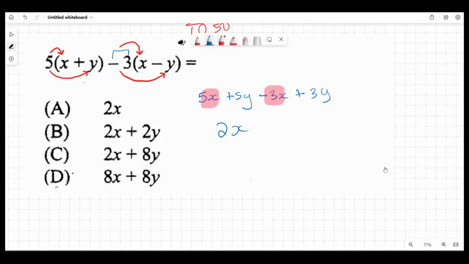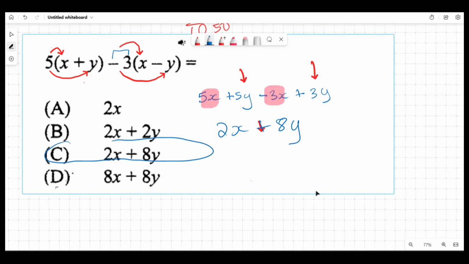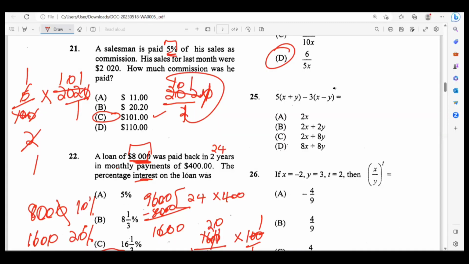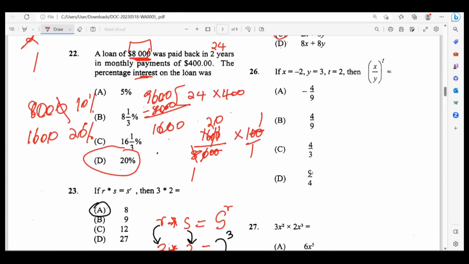And my other terms are +5y and +3y, so that's a +8y. So 2x plus 8y, the answer is D. All right, so it is just applying a simple distribution. Take your answer and you go 2x plus 8y. And there we go.